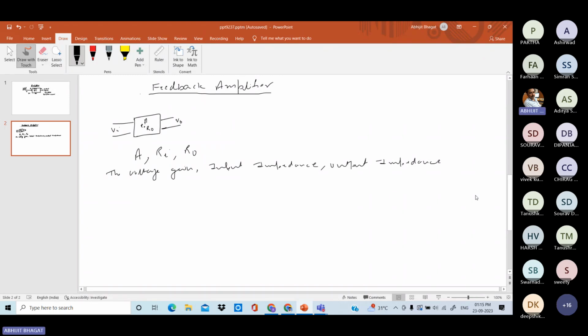These parameters are constant for a given amplifier, full stop.